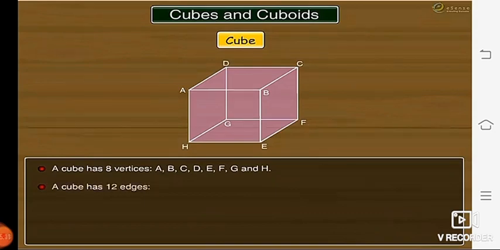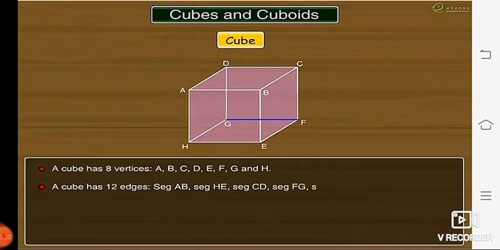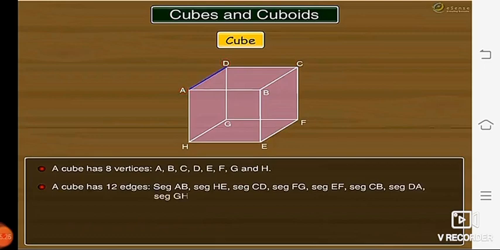A cube has 12 edges: seg AB, seg HE, seg CD, seg FG, seg EF, seg CB, seg DA, seg GH, seg DG, seg CF, seg AH and seg BE.